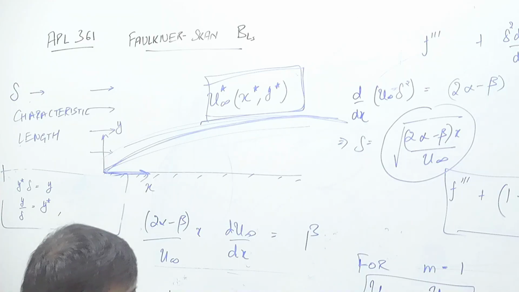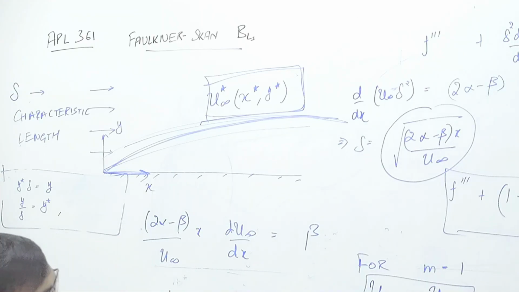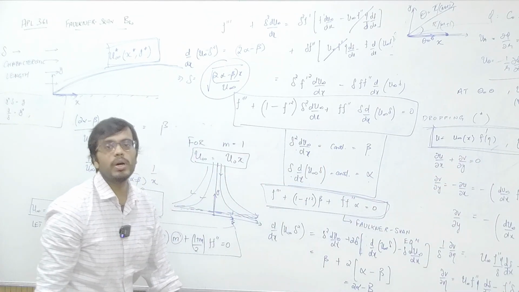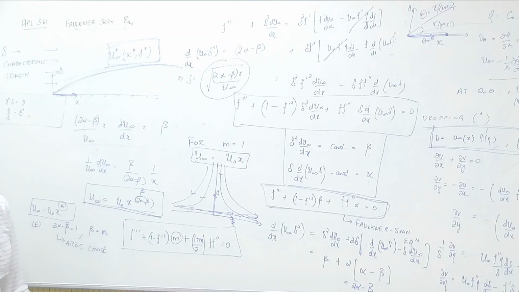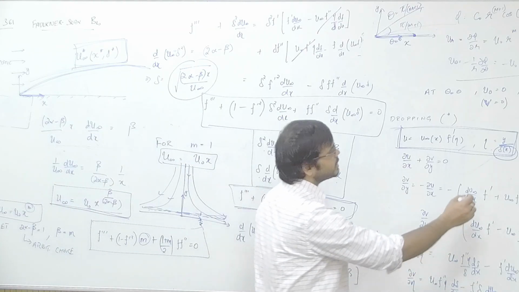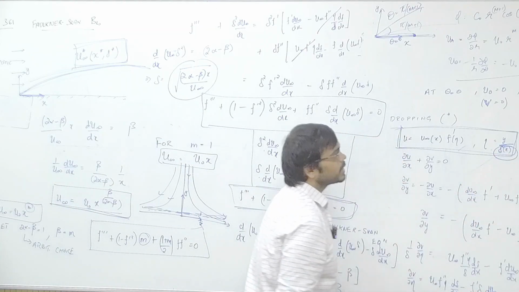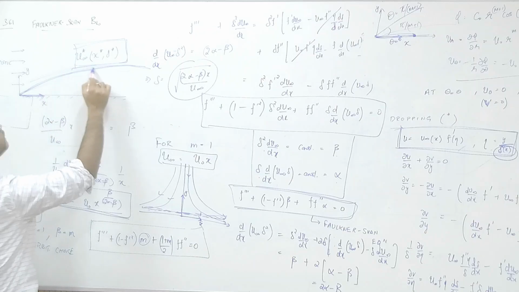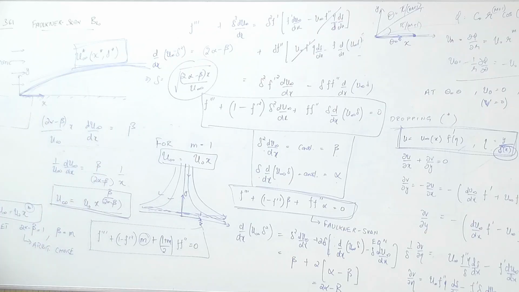So, now the question may come: how do you say this delta of x is your boundary layer thickness? The reason why I say this delta of x is boundary layer thickness is because whenever we send that eta to infinity, we are applying those boundary conditions which are at the boundary layer edge, if we recall.